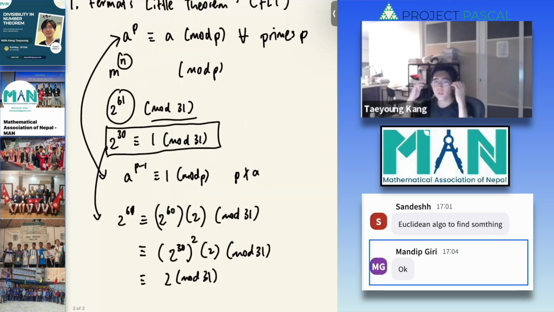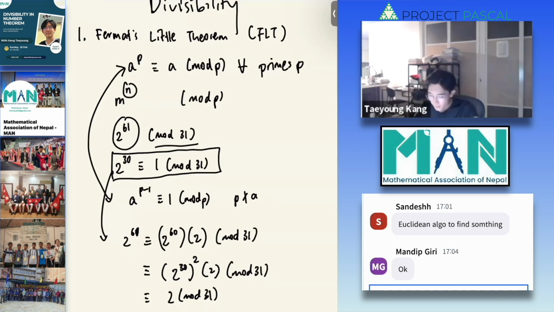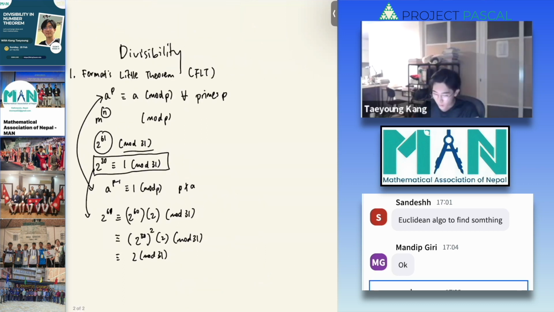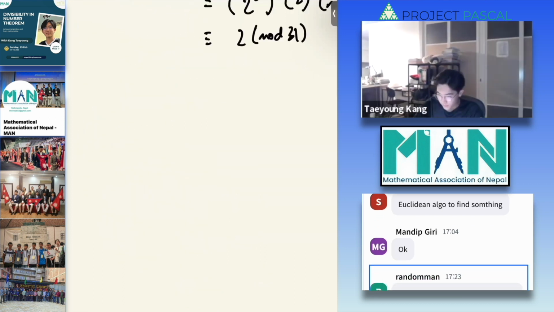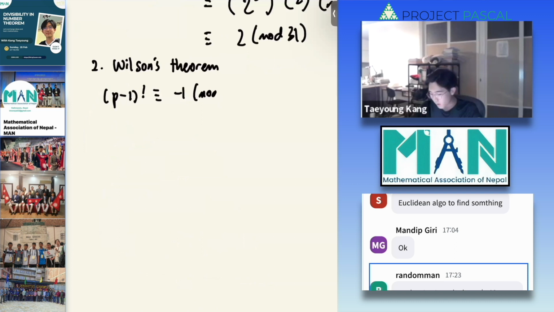You can think of it as a way to reduce the power of the number mod a prime. The second one I brought up is Wilson's theorem, which states that p minus 1 factorial is congruent to minus 1 mod p for all primes p.